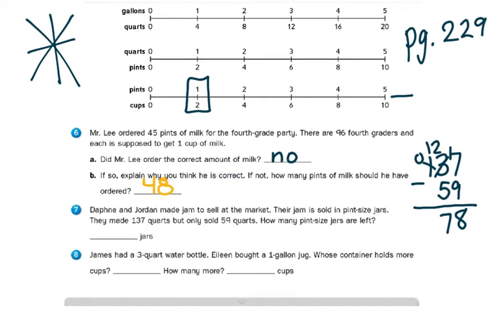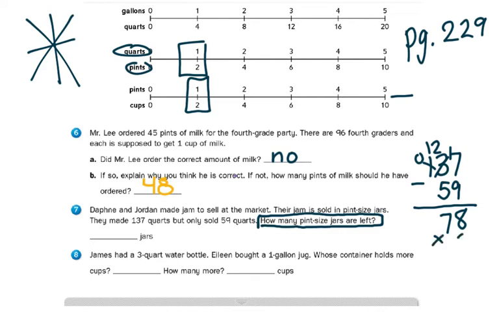They had 78 quarts left, but they're not asking how many quarts, they're asking how many pint-sized jars are left. If I go from quarts to pints, there are twice as many pints in every quart, so I need to multiply this by 2.